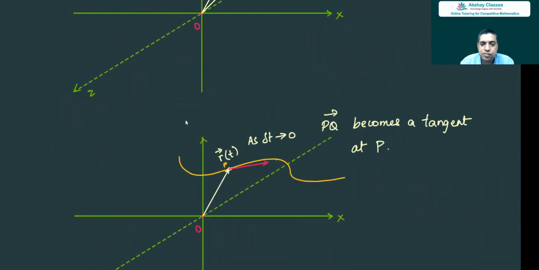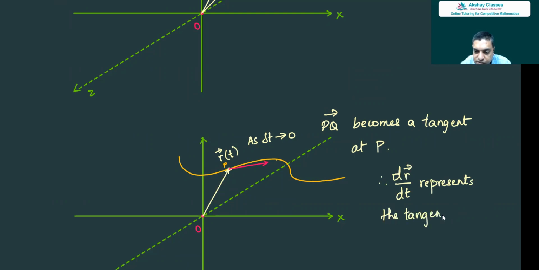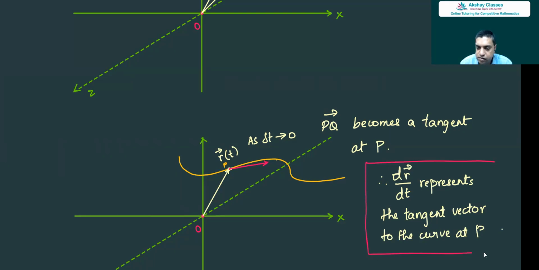Therefore, very important what I'm writing: dr by dt represents the tangent vector to the curve at P. So this is a tangent.